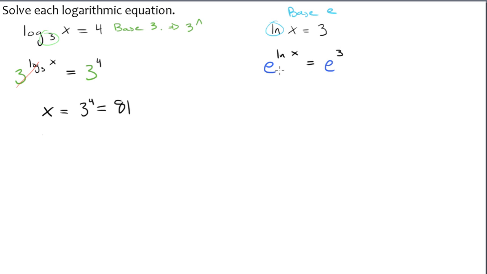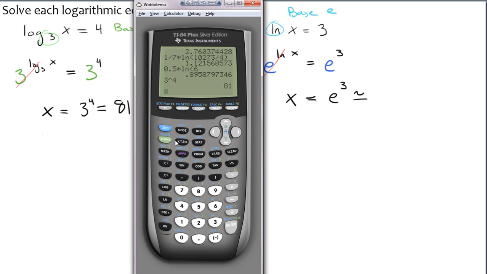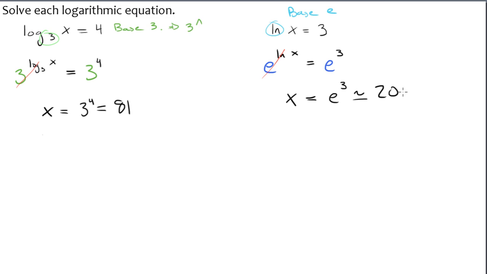And as before, these reduce down and I'll be left with just x, and x will be equal to e to the 3rd power, which isn't a rational number. So if I punch e to the 3rd into my calculator, I get a decimal approximation. I'll keep the first 4 digits and I'll get 20.09 to 4 digits of precision.